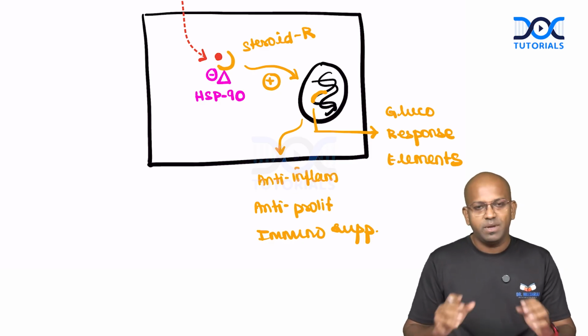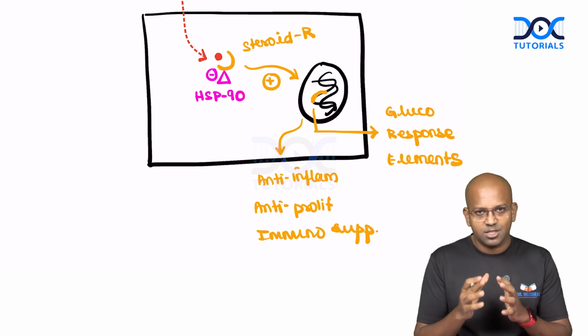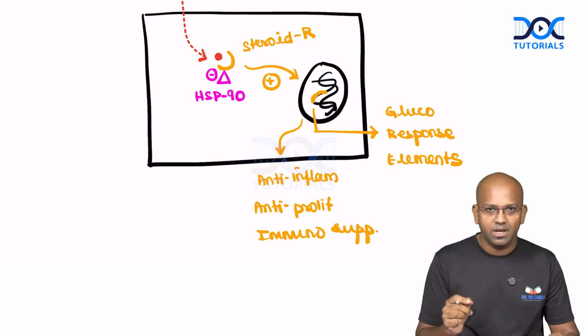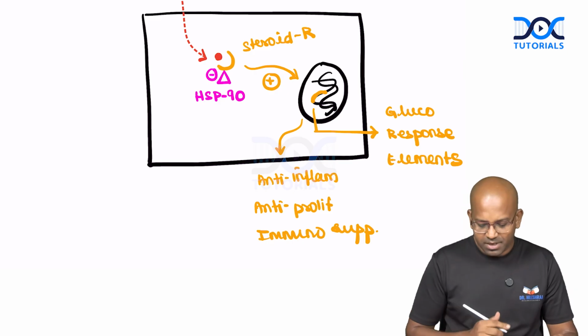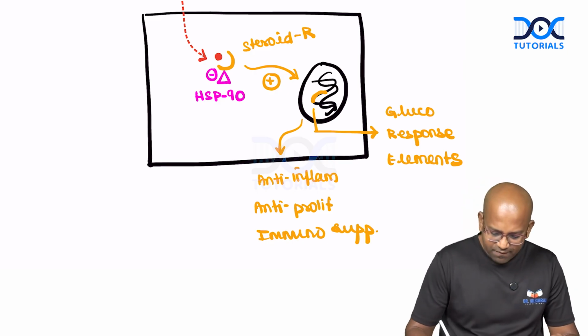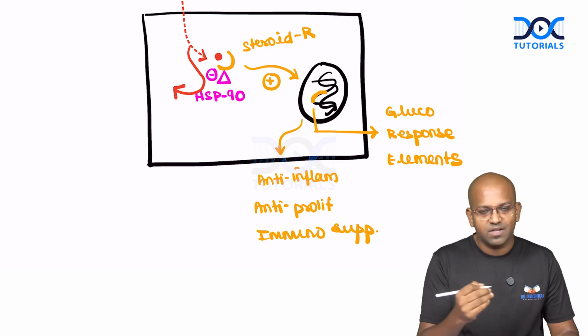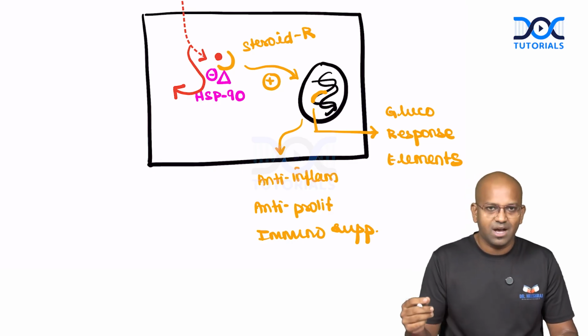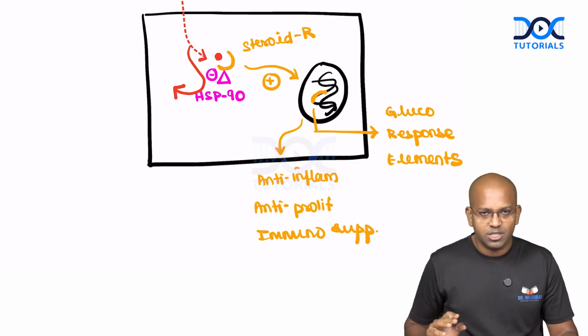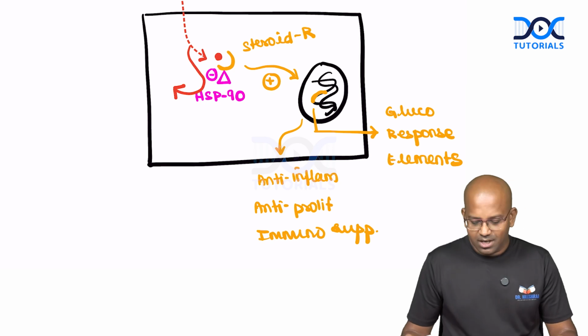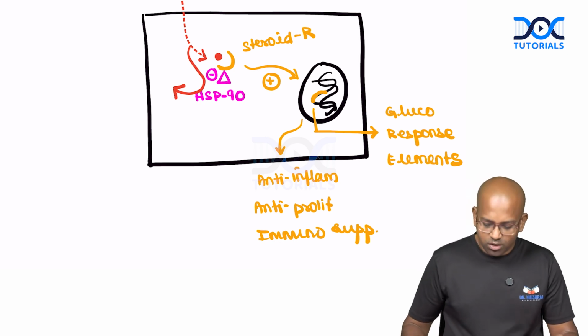Heat shock protein inhibits the receptors, preventing their activation. Whenever steroids bind with the receptor, they throw these molecules out of that area. Because these molecules are thrown out, the receptors will be stimulated, thereby the GRE response elements are stimulated and protein synthesis will happen. Well, that's how the steroids produce their functions.